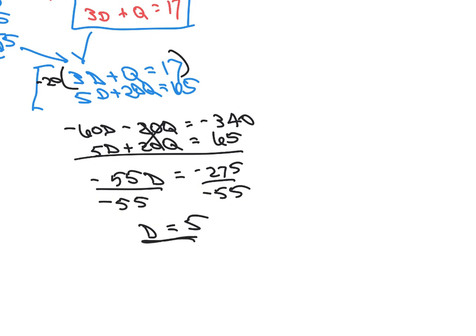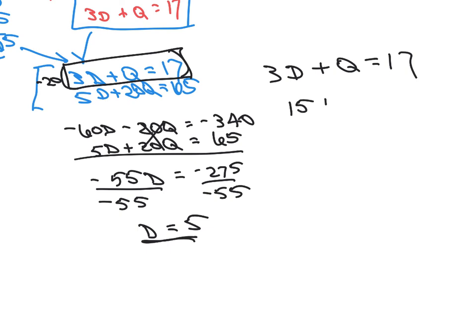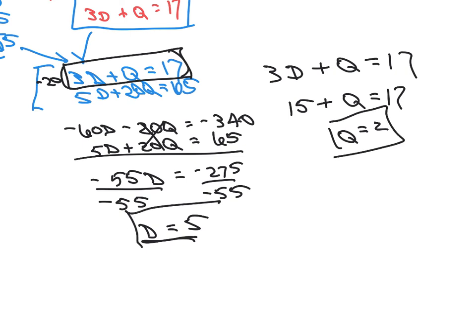So now I can go up to, let's say, this problem right here. Doesn't really matter which one we pick. 3 dimes plus quarters equals 17. Well, I found out d was 5, so I have 15 dimes plus quarters equals 17, which means my q is equal to 2. So now I have my quarters and I have my dimes, and now I just need to find my nickels.